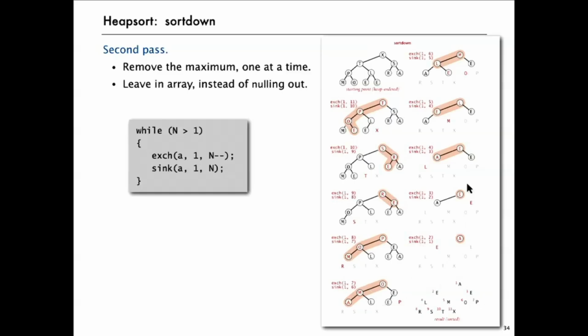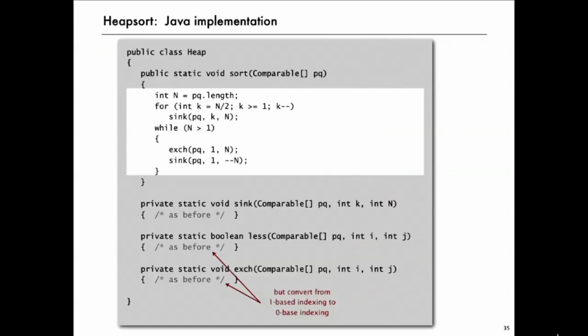On an ever smaller heap, we continue just performing sink operations at the root until we get a completely sorted array. Given the sink implementation, we had a one-liner for the first pass and a three-liner for the second pass. So that gives a complete implementation of Heapsort with the code that we've given so far.